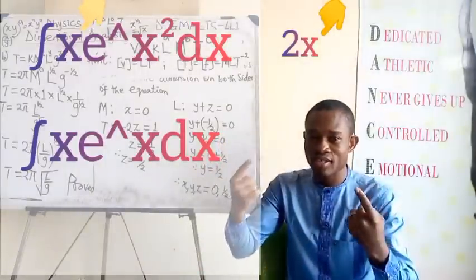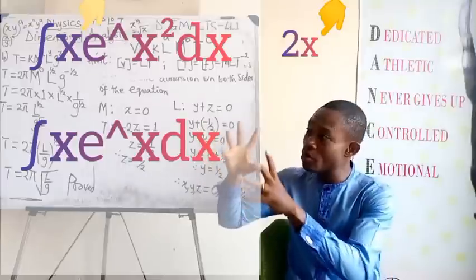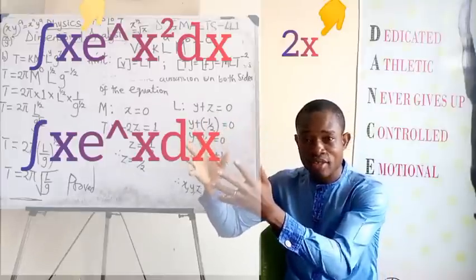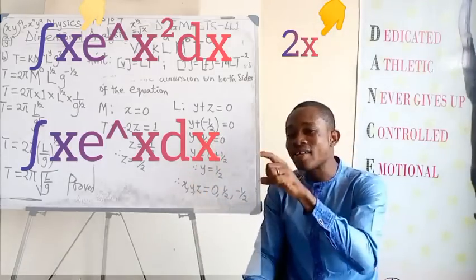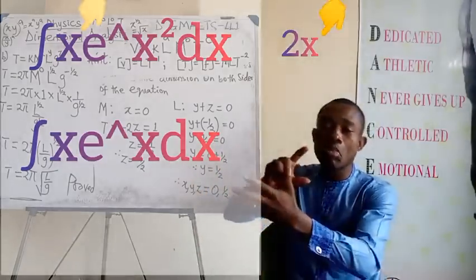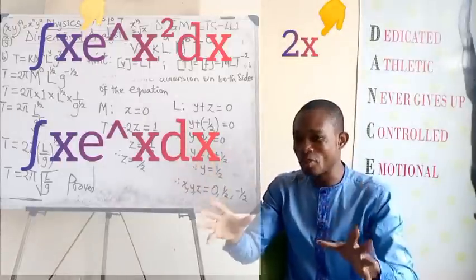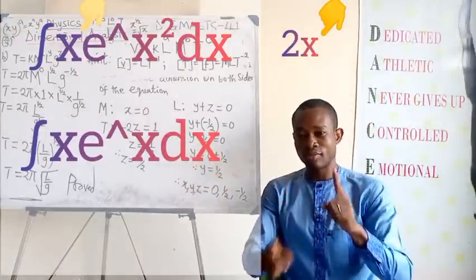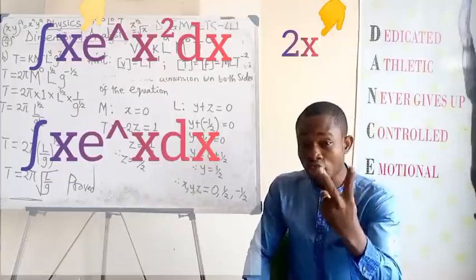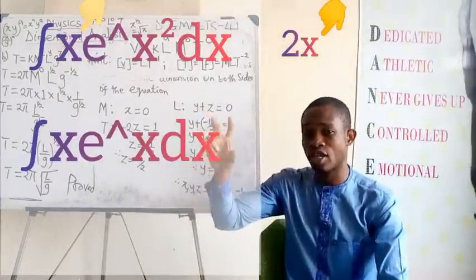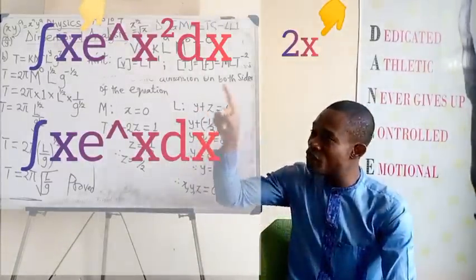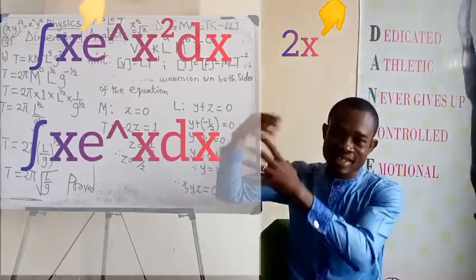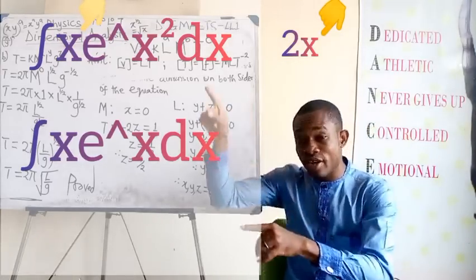So the idea is this. When the derivative power of x is the same as the power of x that is multiplying the exponential term, it means that U-substitution can solve that question. That's condition number one. Condition number two, there are certain kind of questions that will be given to you when you differentiate that x term that the exponential is bearing on top as power.